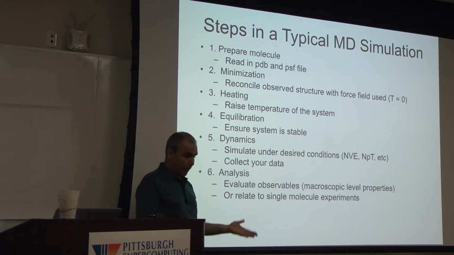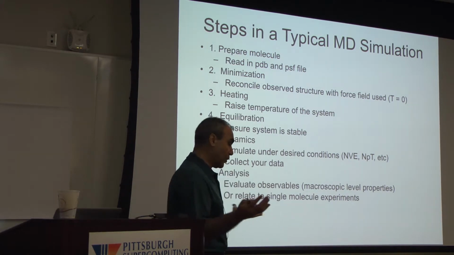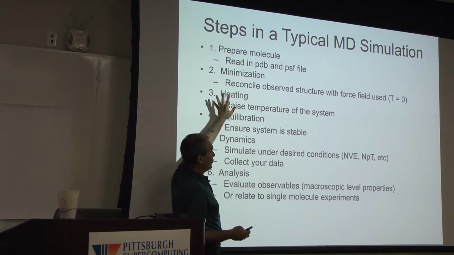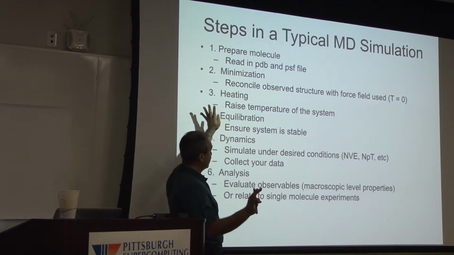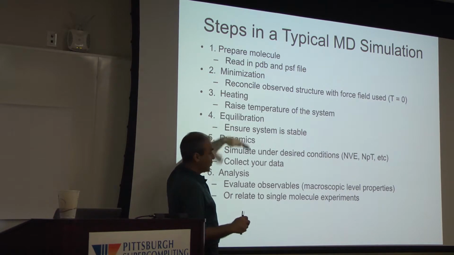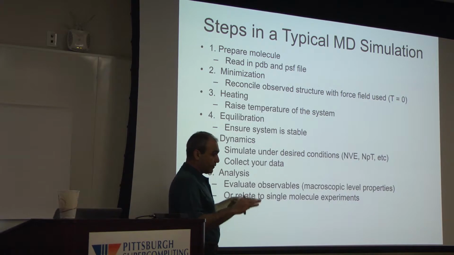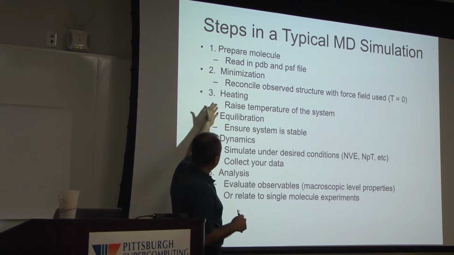You bring it up to the temperature at which you want to simulate. If your protein is well behaved and nice, doesn't have any hot spots, you can just raise the temperature. Or if it's problematic, you have to do it stepwise. There are different protocols for doing that.